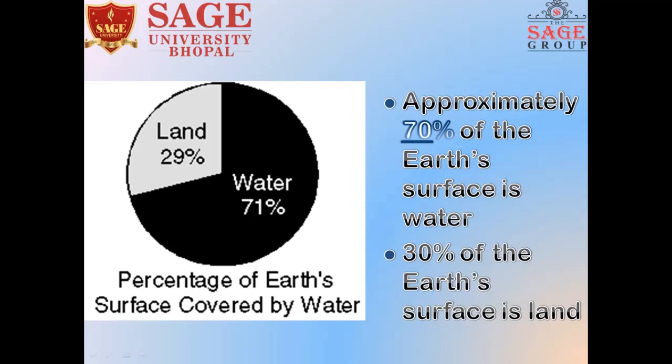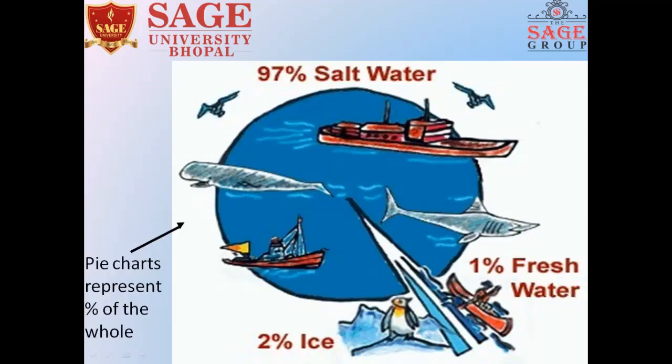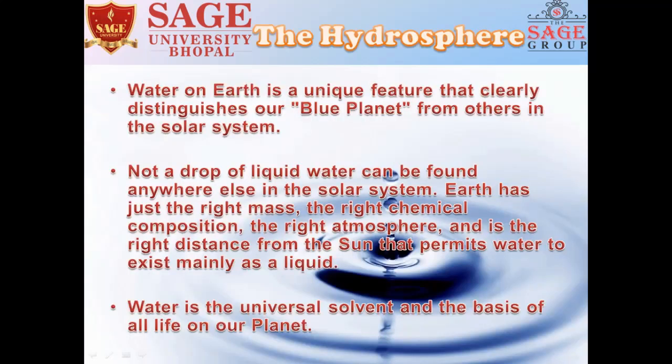These are the percentage distributions. Here, I will show you that only 1% of total water is available as fresh water, 2% is in ice form, and the remaining 97% is salt water, which is very huge.